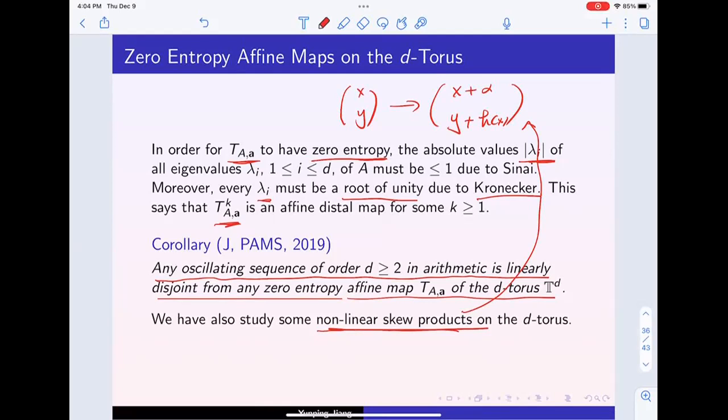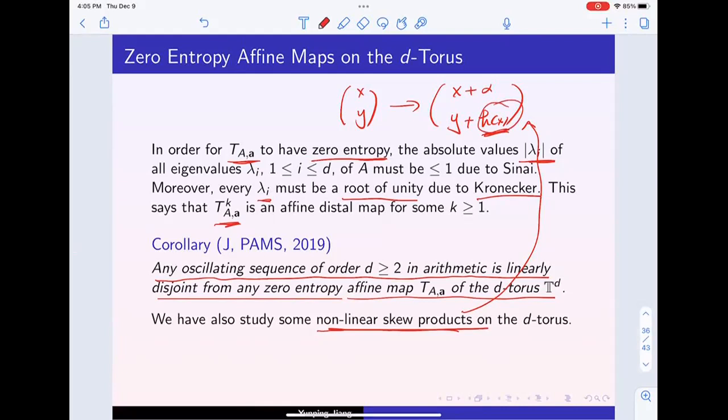But in general, when h is only a continuous function, that's still an open question. Another important question is the higher torus, D bigger than or equal to 2, or bigger than 3. Is that true or not? That basically is still open for all continuous h. But h equals 0 is actually the alpha map.